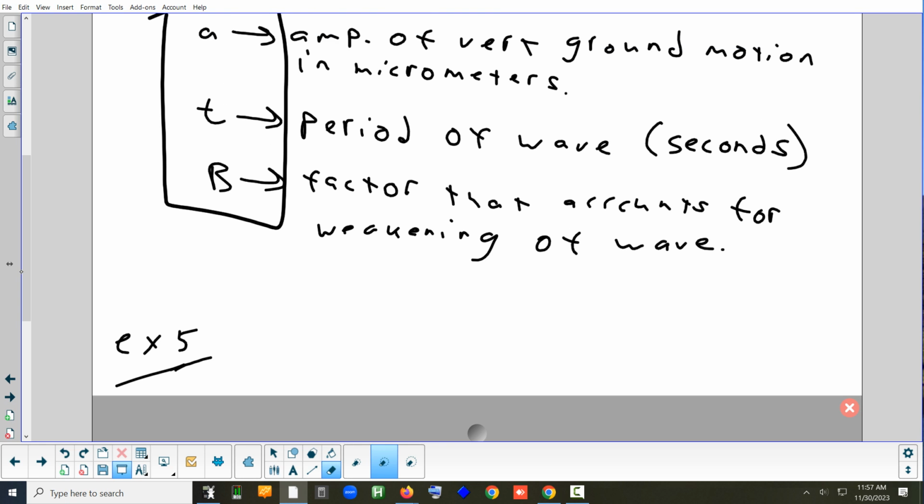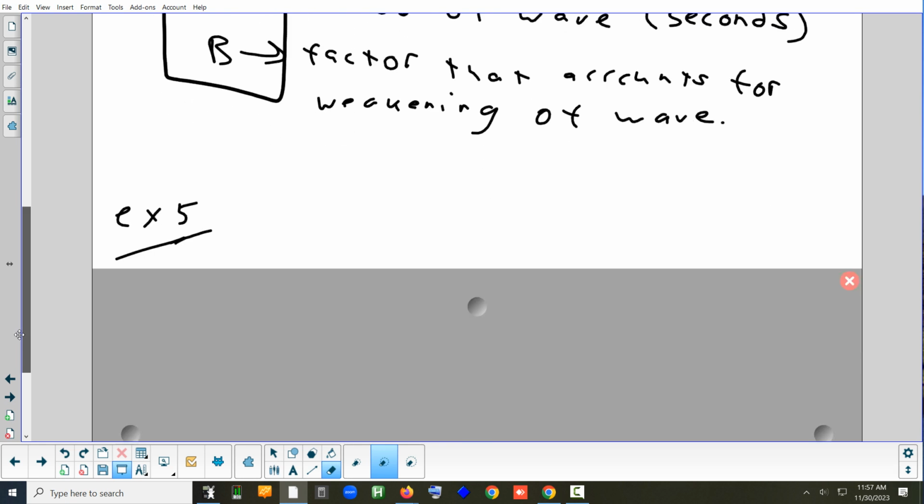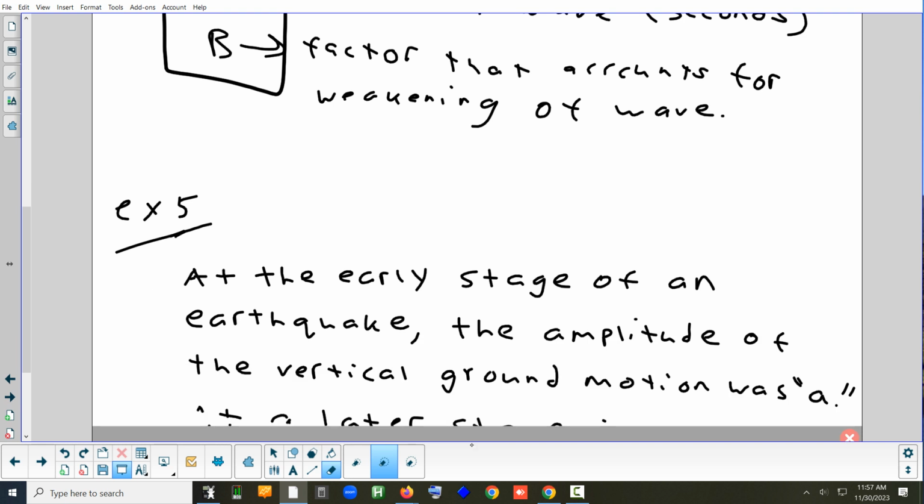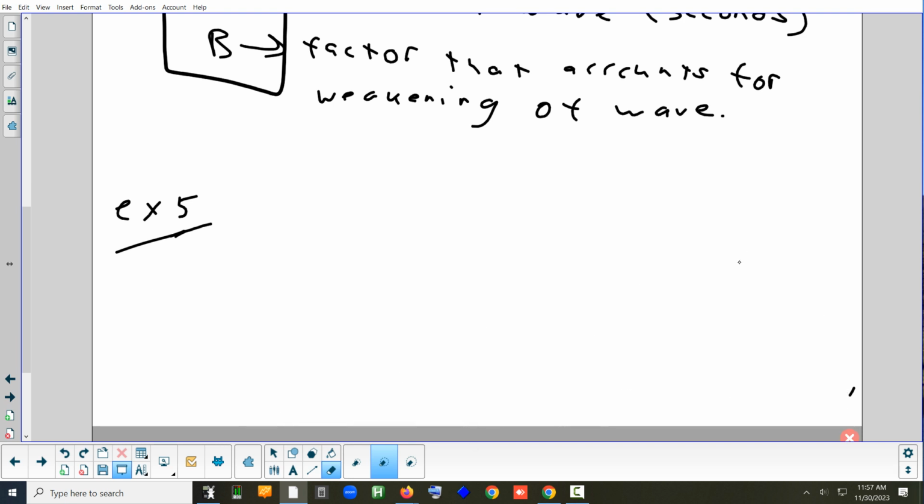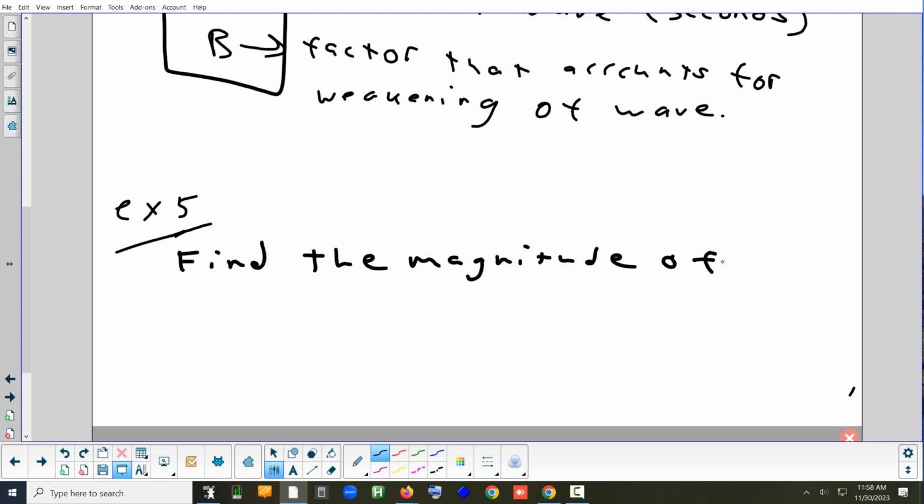Okay, does everybody have the descriptions of what goes in the formula? All right, let's try an example. Find the magnitude of the earthquake.